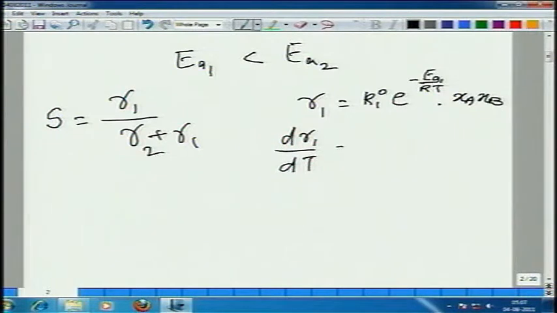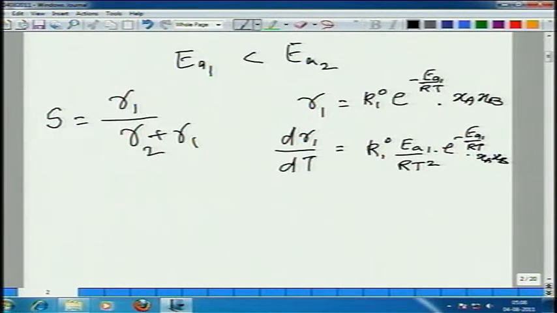What will I get? K1 naught is constant. I think it will be EA by RT square, and minus will cancel out, times e to the power minus EA1 by RT, times XA XB is constant.